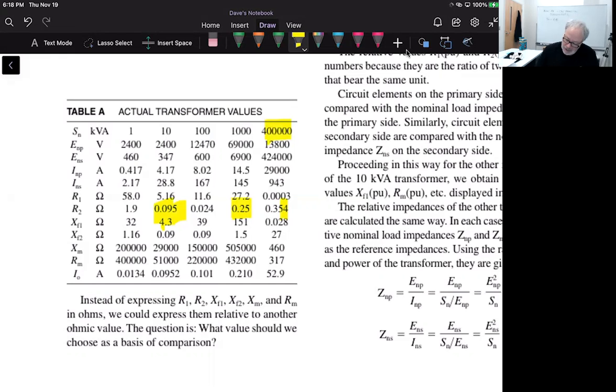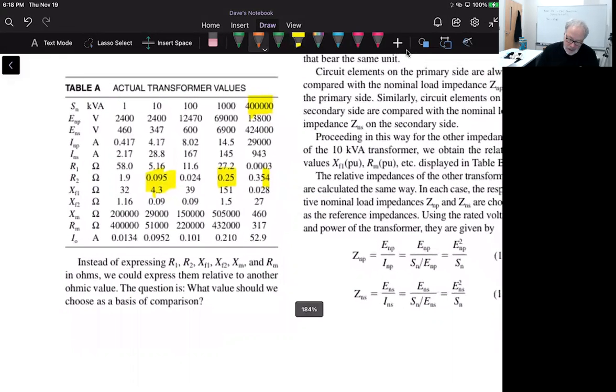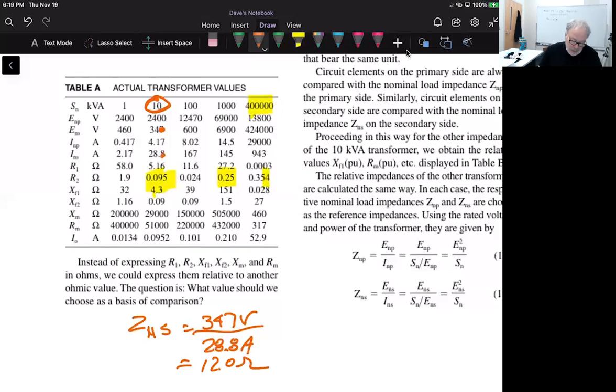For example, in the case of the 10 kVA transformer, we could determine the nominal load on the secondary side by looking at ENS divided by INS, which is 347 volts divided by 28.8 amps, and I get 12 ohms of resistance.